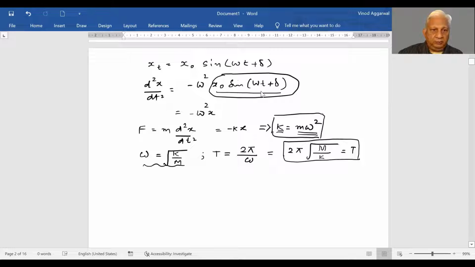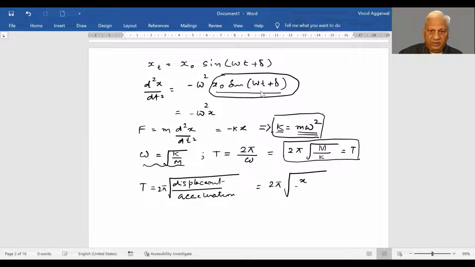We can also define T as time period as small displacement and the acceleration caused, is equal to 2 pi.